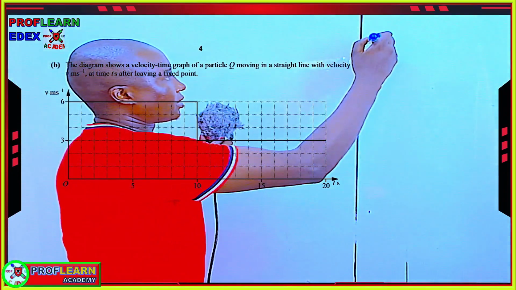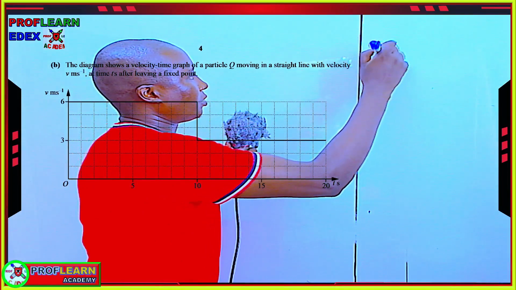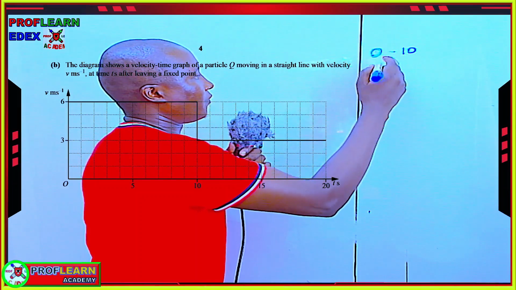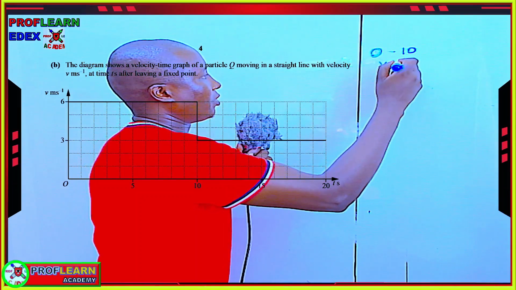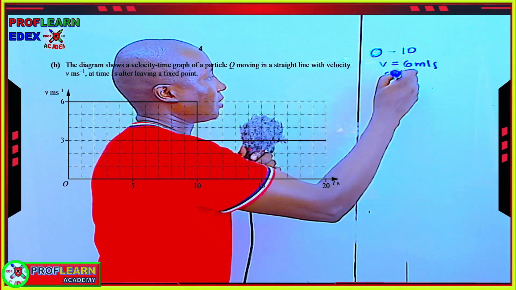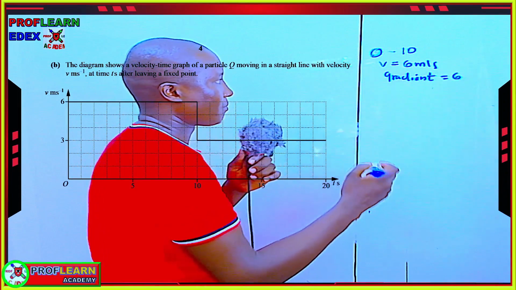So we are saying that from 0 to 10, velocity is 6 meters per second. So the gradient of your line is going to be 6.